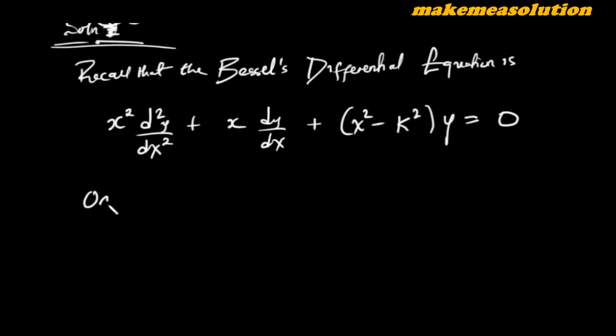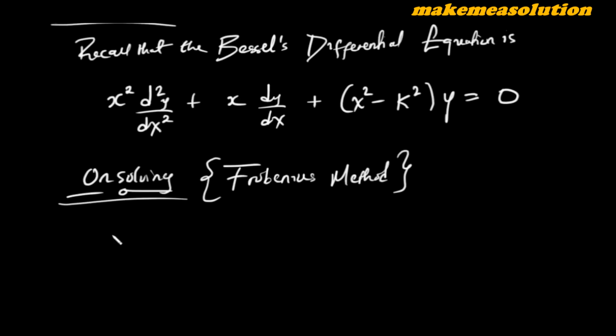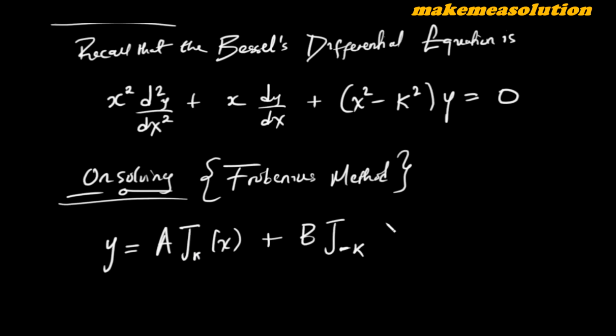So on solving that by Frobenius method, the answer that we got, which I'm not going to do now, maybe in another video in the future, was y equal to an arbitrary constant A times J_k(x), plus B times J_{-k}(x).